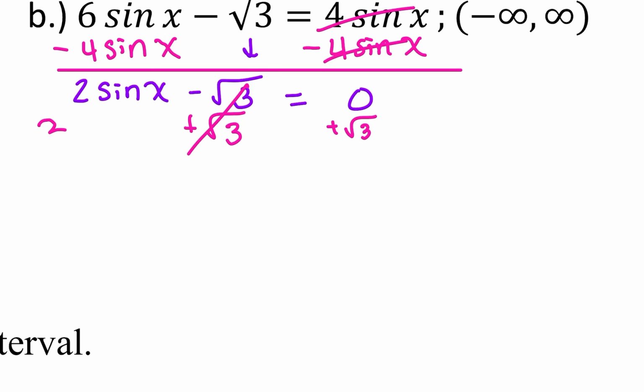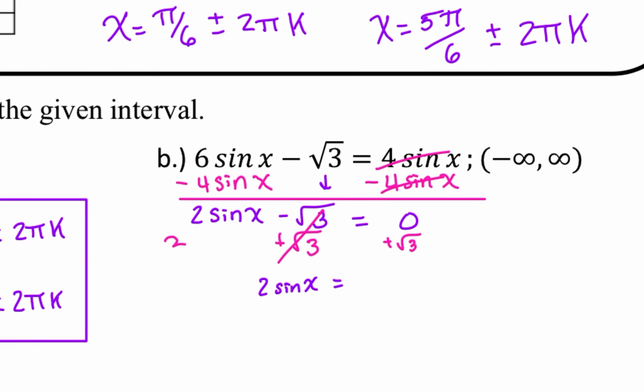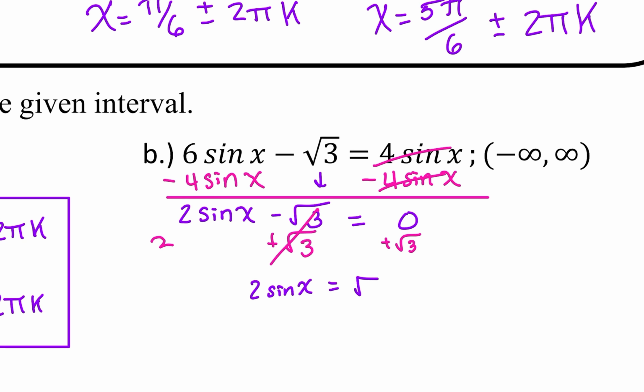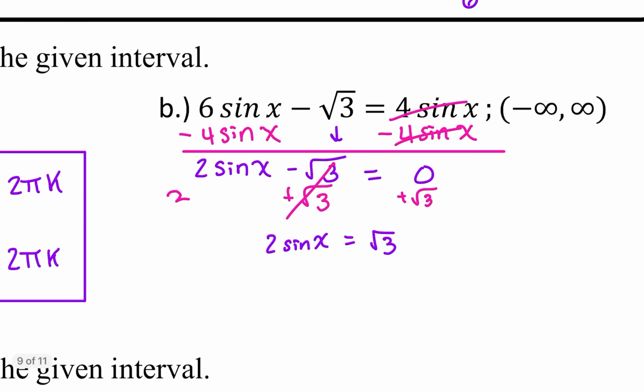This is going to cancel here, and I end up with 2 sine x equals 0 plus the square root of 3, equals square root of 3. In that next step, I'm going to need to divide by 2 to cancel out these 2's. And I get sine of x equals the square root of 3 over 2.